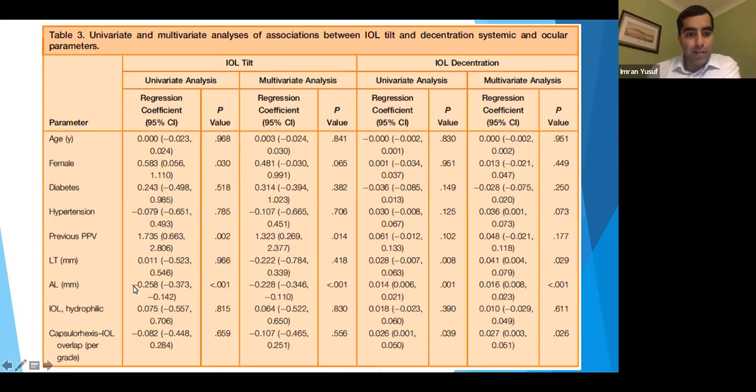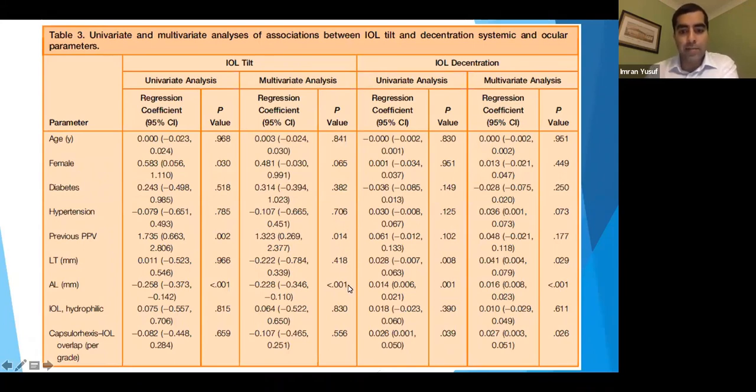You can see the minus sign here. So IOL tilt was negatively associated with axial length. In other words, a shorter axial length was associated with tilt. But when they did a multivariate analysis, the only two factors which were significant were previous pars plana vitrectomy and a short axial length.